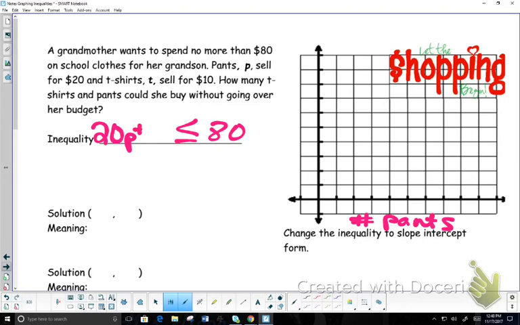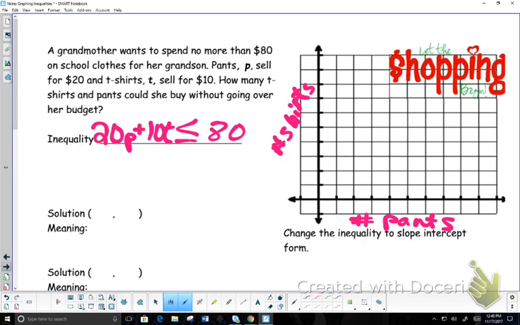Plus, if you got some pants, you better get some shirts too. So we've got some $10 t-shirts. Keep in mind, if you use the variable t, you want it to be a little curved at the bottom so it doesn't look like a plus sign. So my y is going to be number of shirts.